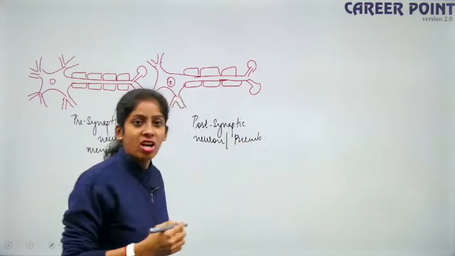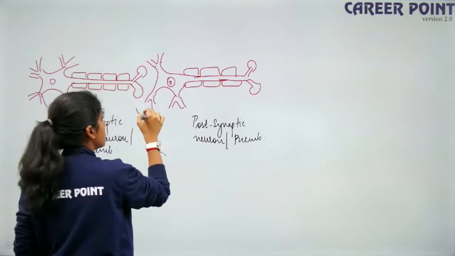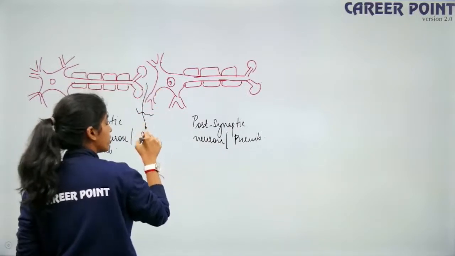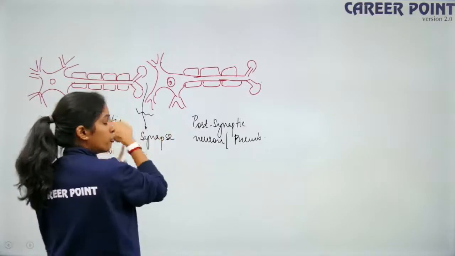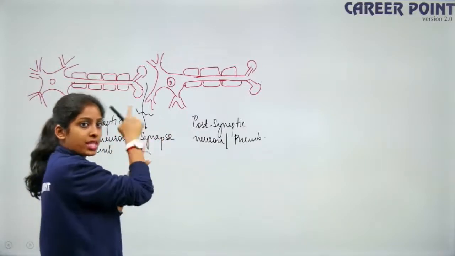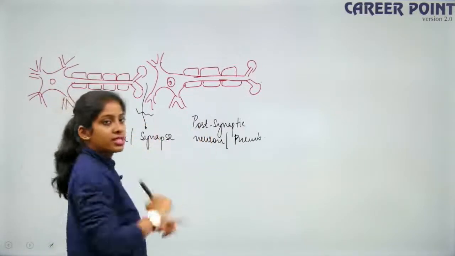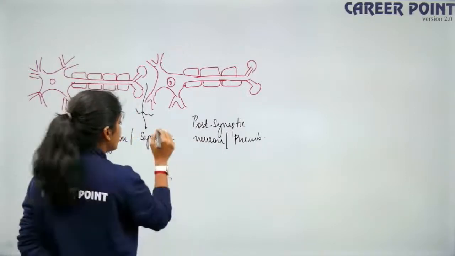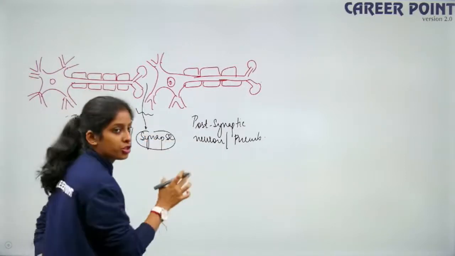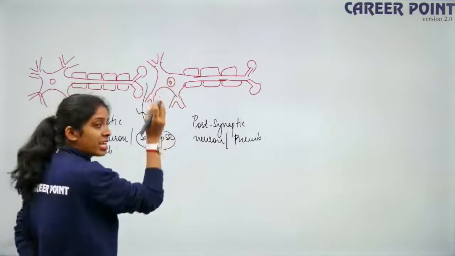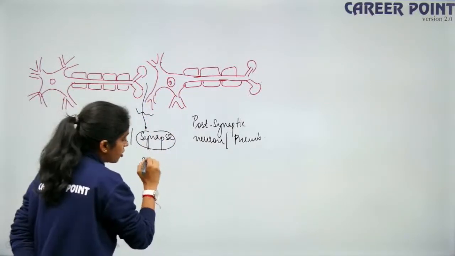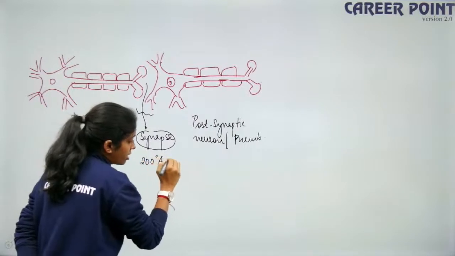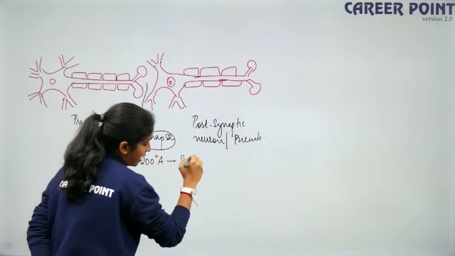Why do I call it synaptic? Because the space between the two neurons is known as a synapse. Since this is before the synapse, this is presynaptic, and this is after, this is postsynaptic. This synapse is the junction. The two neurons can be separated by a small space in the synapse, that is 200 angstrom, and this is known as a synaptic cleft.